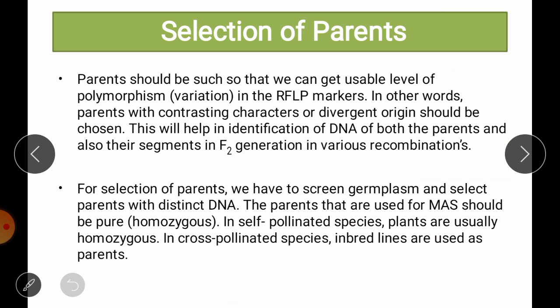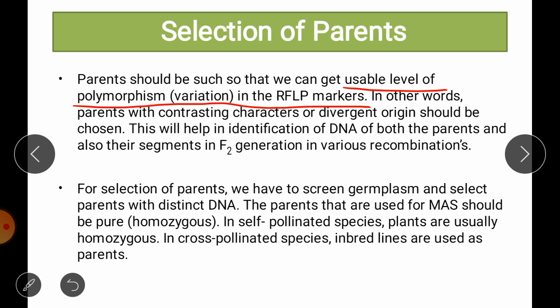So first step is selection of parent. Selection of a suitable parent is a very important step in your marker assisted selection. The parents we can select here are those showing a usable level of polymorphism. So both parents should have a variation.